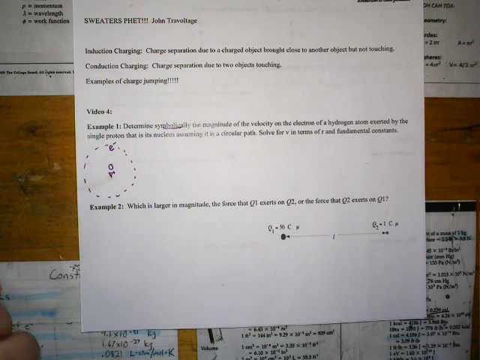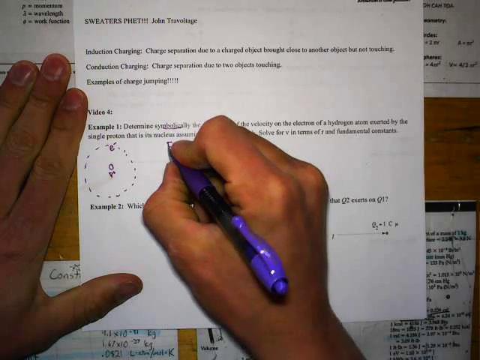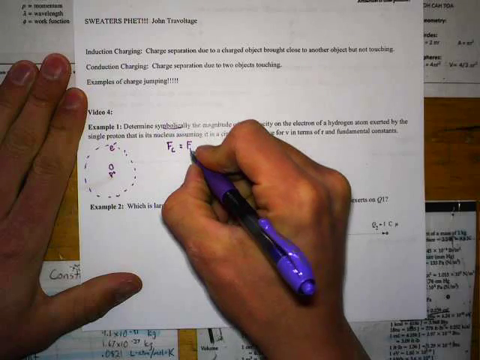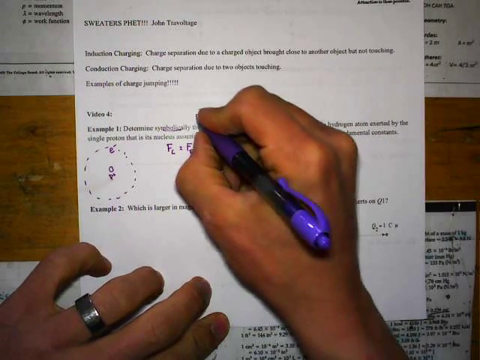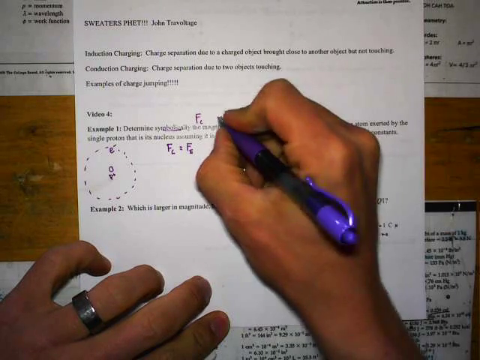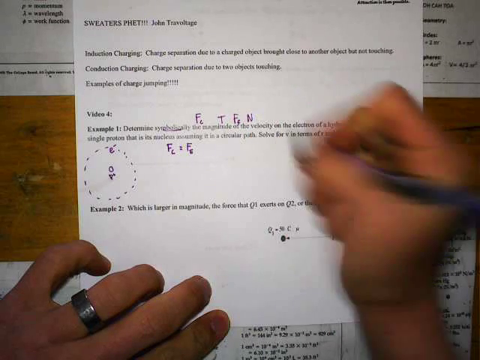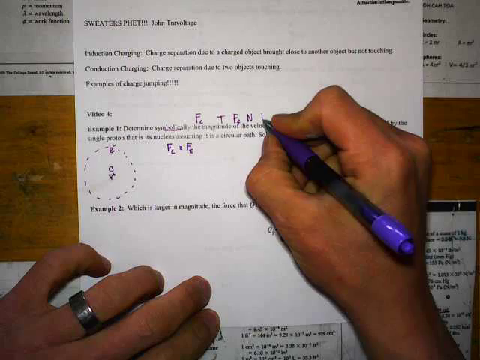Okay, so what we can say is that Fc is equal to the electric force. We know that Fc can be caused by tension, force of friction, even normal force, and force of gravity.